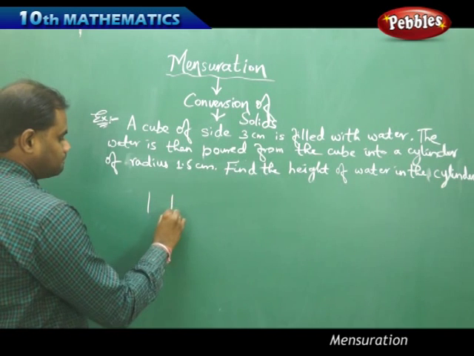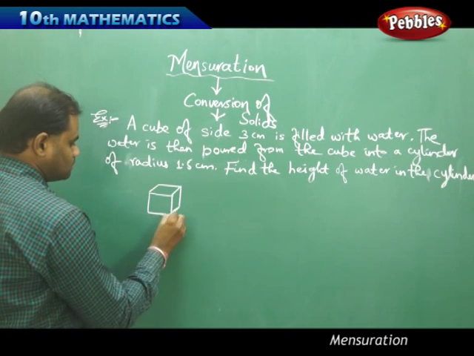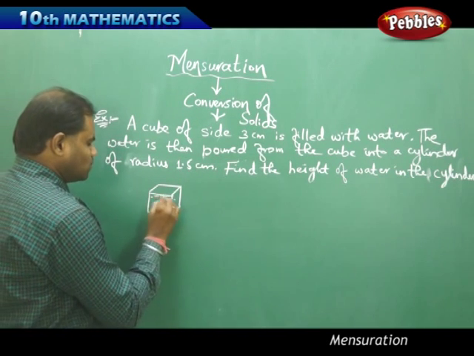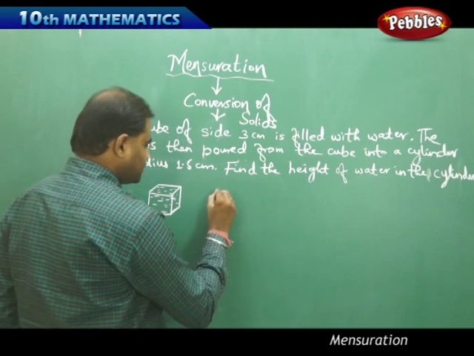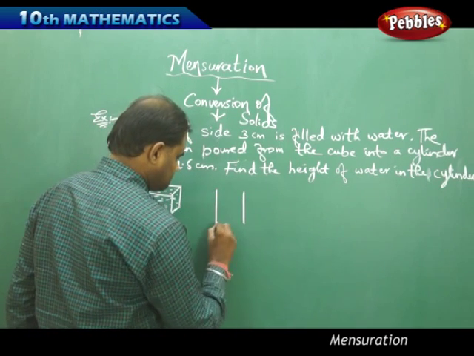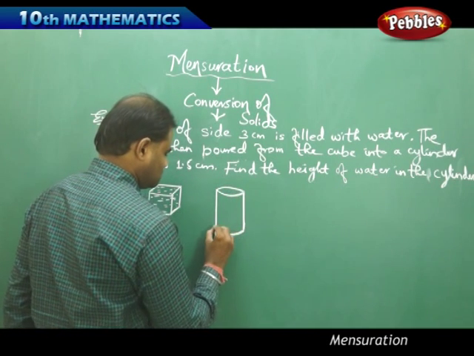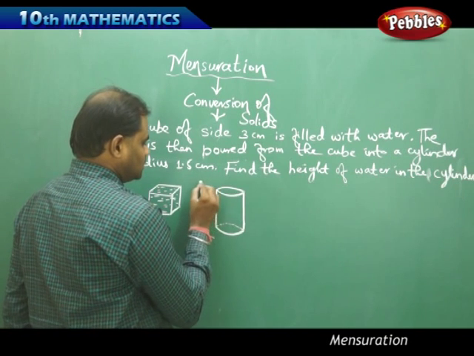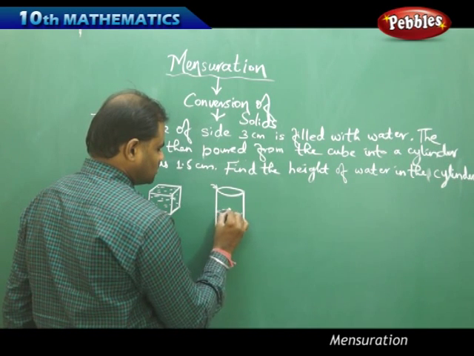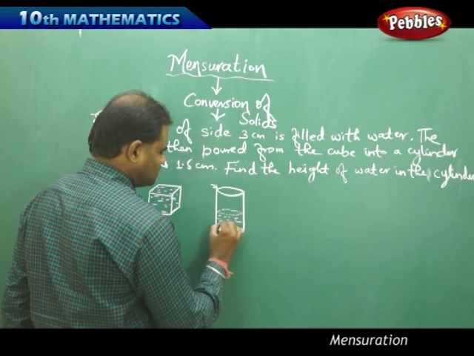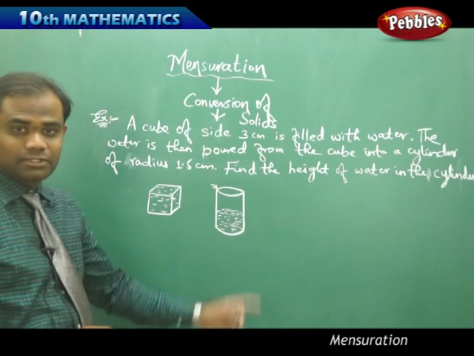So I have taken a cube on which there's water filled up totally, and once this water is poured into a cylindrical beaker, so once the water is poured in, I see that this beaker occupies water until some height.